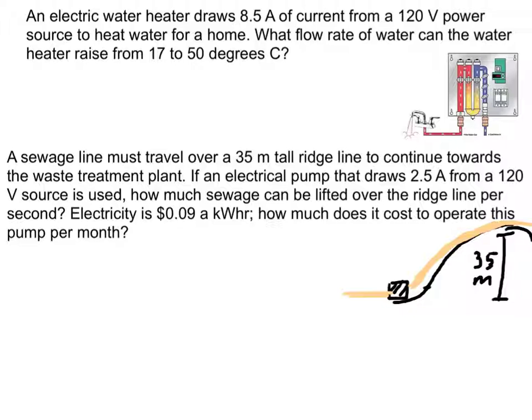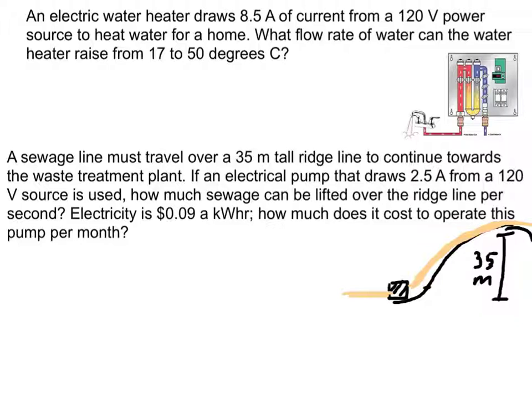Now that we know the equation for electrical power, base equation power equals IV, let me take you back to a problem from thermal energy that we did, a common one, an electric water heater, right? We were solving for flow rate, or maybe they give us the flow rate and we're determining how much power. Now instead we could use how much current or how much voltage must be applied.